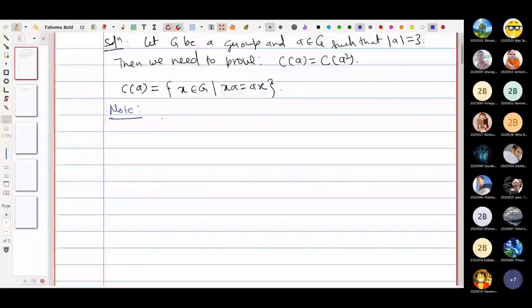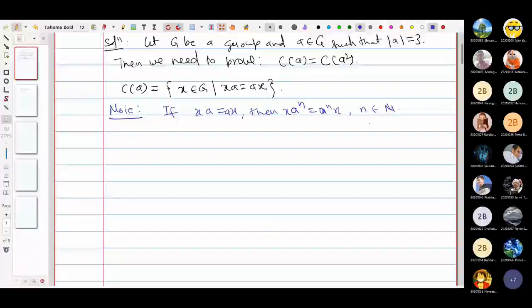If x commutes with A, that is ax equals xa, then a to the power n x equals x a to the power n, where n belongs to the set of natural numbers.